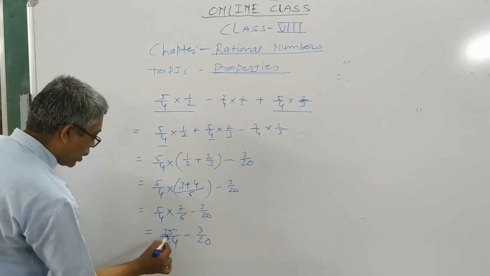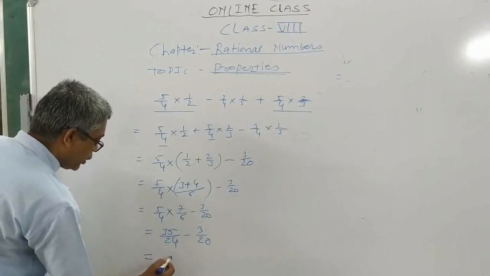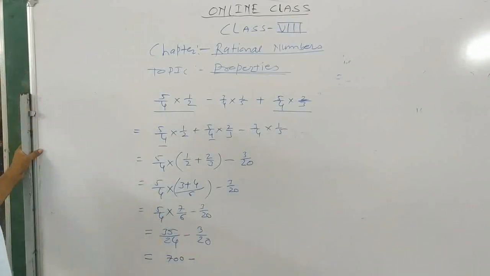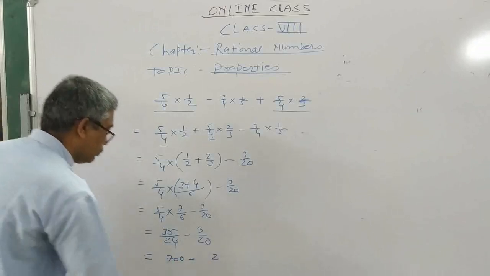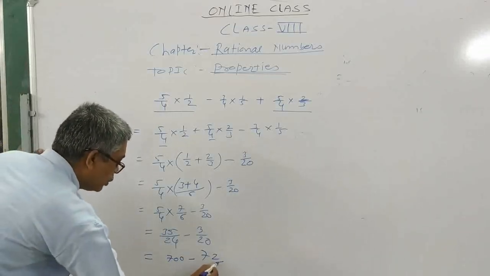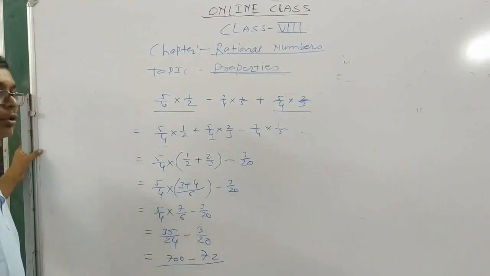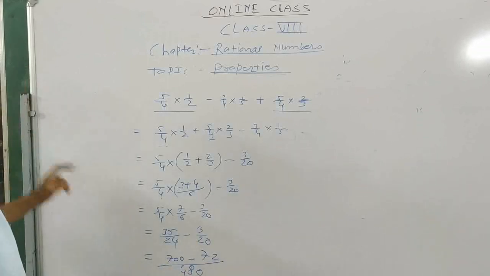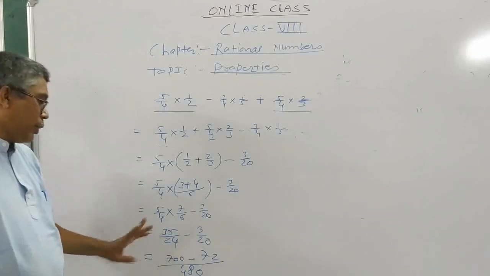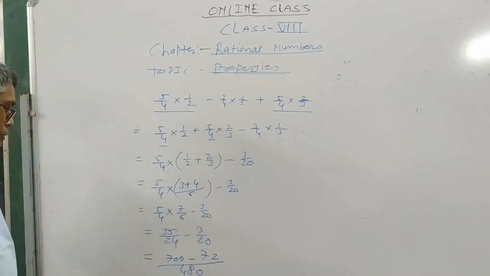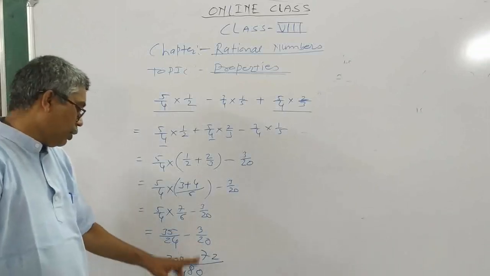So 35 into 20, what we get? That is 700 minus 24 into 3 minus 72 upon 24 into 20, 480. So 35 into 20 700 minus 24 into 3 minus 72 and 24 into 20 480.